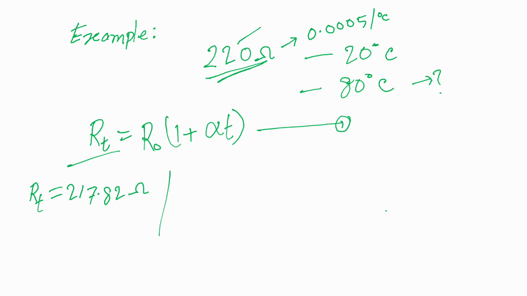Again using this equation, R80 is equal to R0, which is 217.82, times (1 plus alpha, which is 0.0005, times T, which is 80 degrees Celsius).